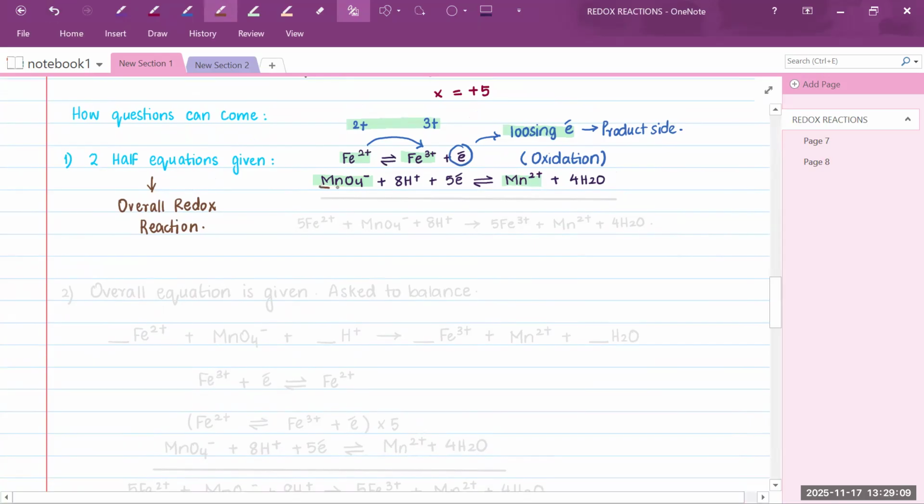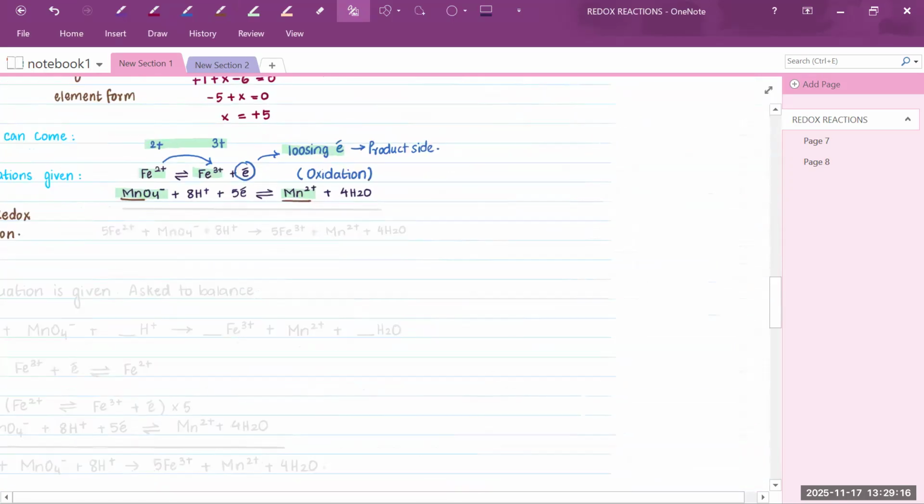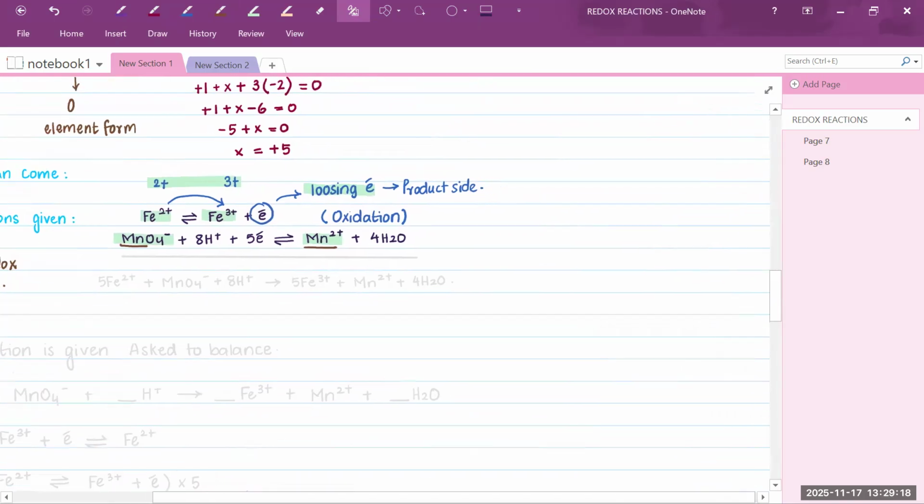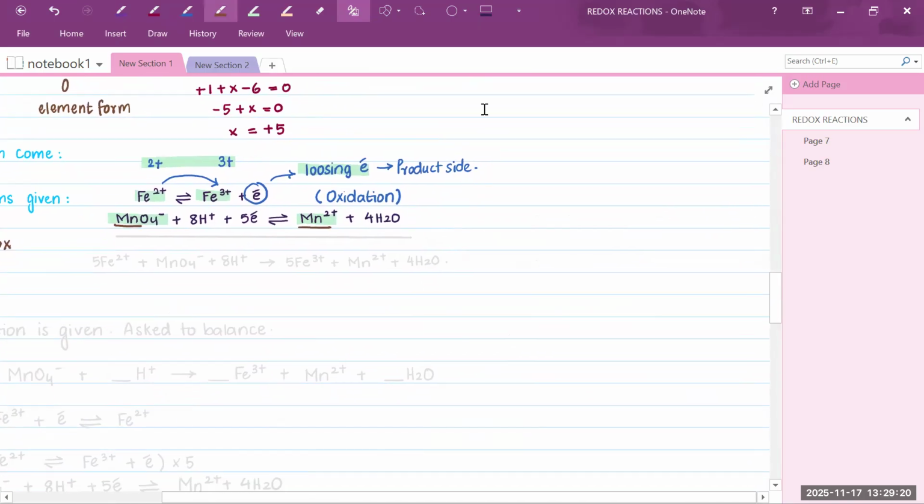So what you'll have to do is, there is Mn here and there is Mn2 plus. In MnO4 minus, we have to find the oxidation number of this manganese, which is X plus 4 into -2, that is the charge on oxygen, and then -1.